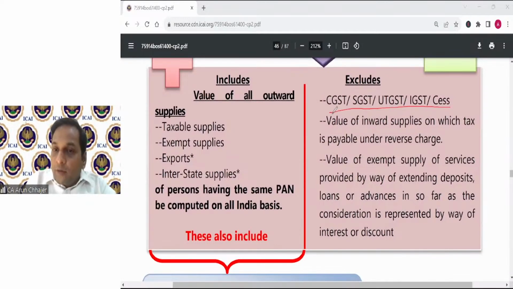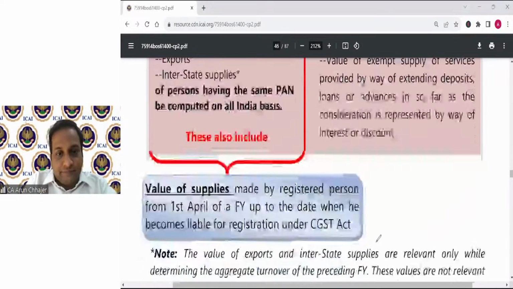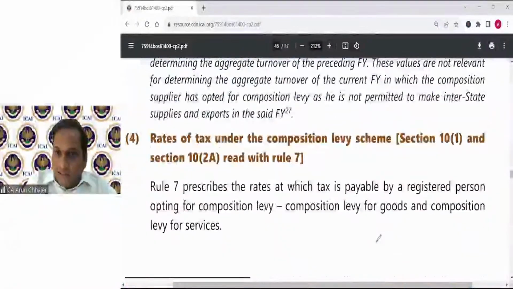Then taxes will not be included. Inward supply on which RCM is payable will not be included. Value of the exempt supply provided by way of extending the deposit insofar as the consideration is represented by way of the interest or discount will also not be added. Clear? I hope it is clear now.